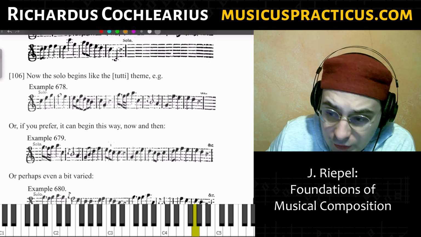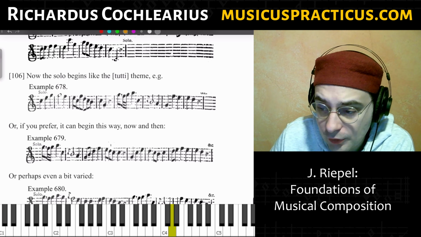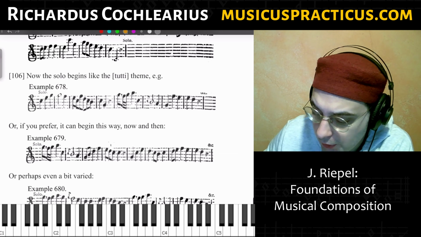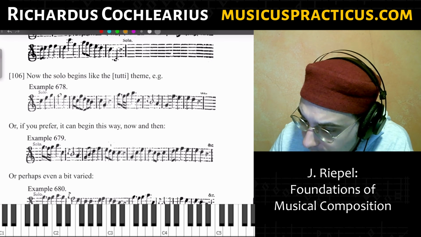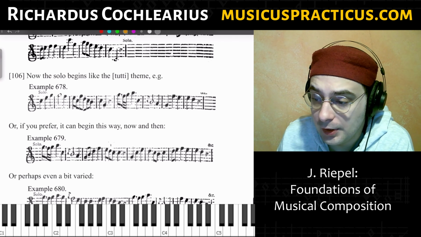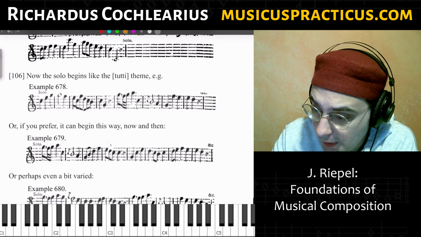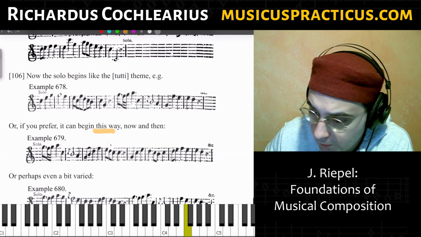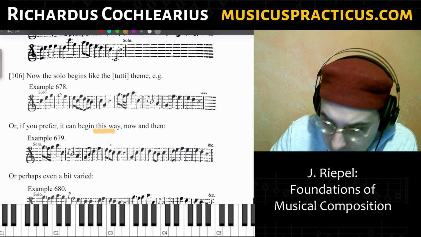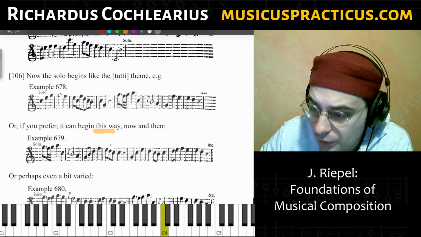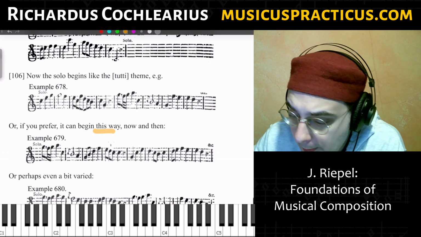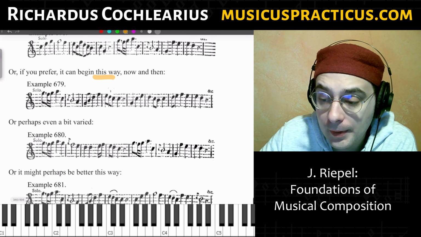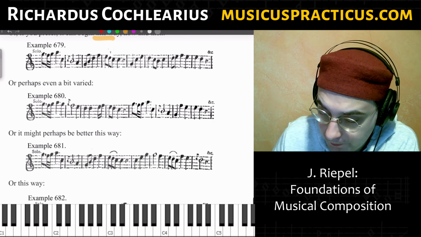Do mi sol sol fa mi do fa sol fa mi fa do la fa mi re do fa mi re. Or if you prefer, it can begin this way, now and then, or perhaps even a bit veiled.